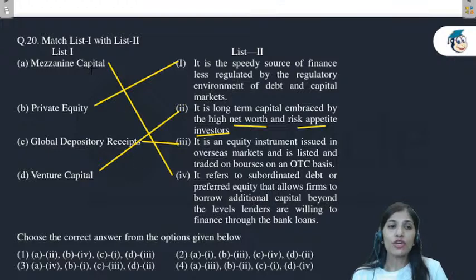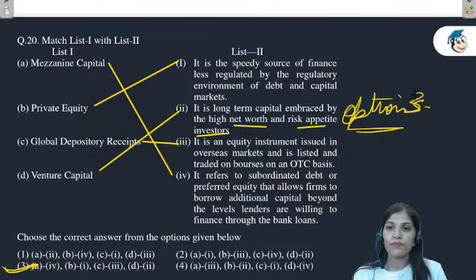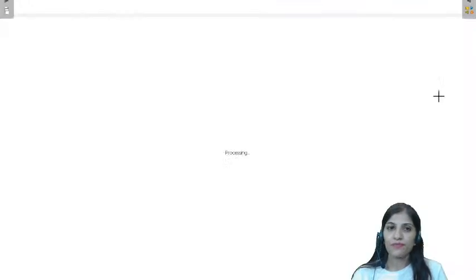So we have the option with only option number 3, but we have to check, because sometimes we might find incorrect options in the answers. A4, B1, C3 and D2. Right, it is correct. Option number 3 is the correct answer.